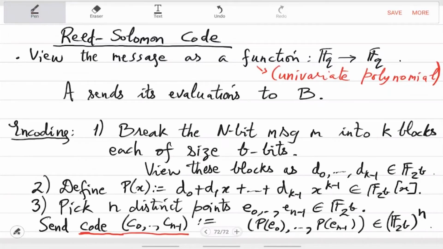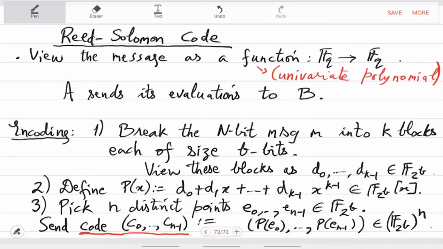So this will be how many bits? Bn, right? So b times small n. So obviously this b times small n will be sufficiently larger than big N. There will be some stretch. So the code actually is stretching the message, but not by much. We will see that later.